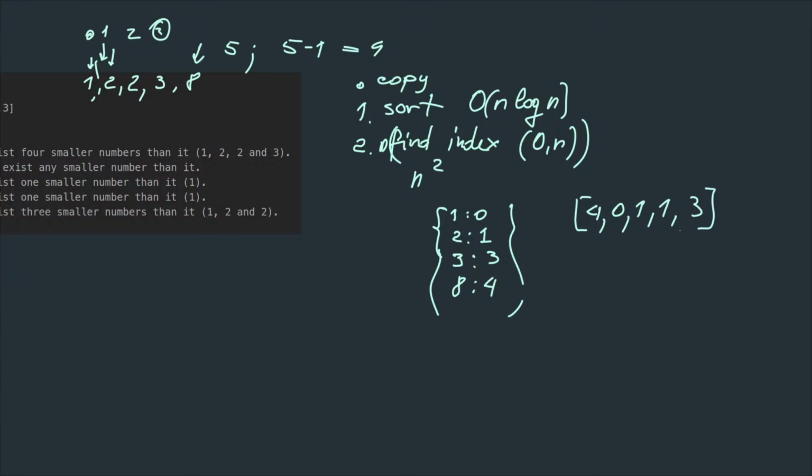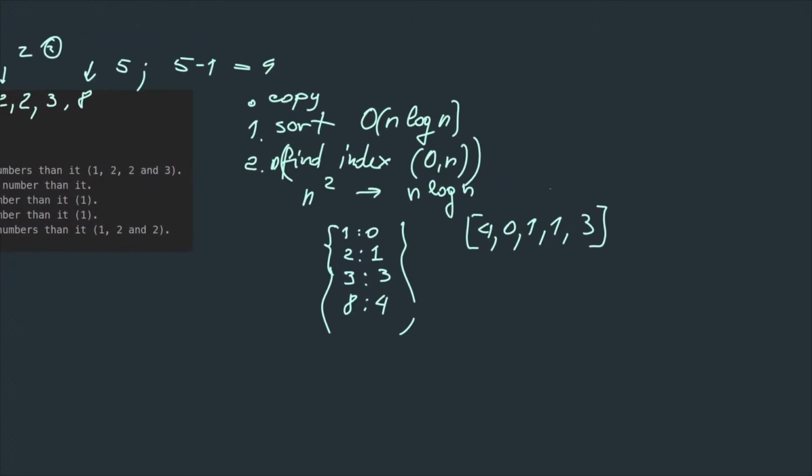So in this manner, we'll manage to optimize our algorithm. Instead of becoming n square, we will keep it at n log n, so a little bit faster. But the trade-off in this case is that we use way more memory.